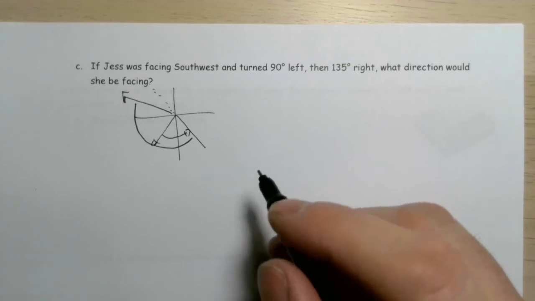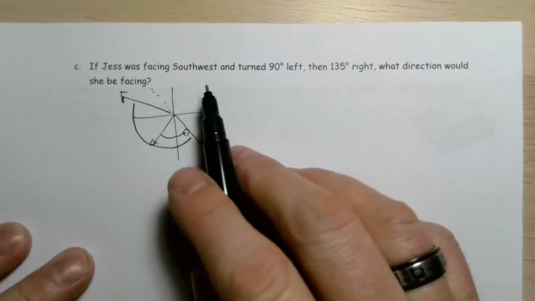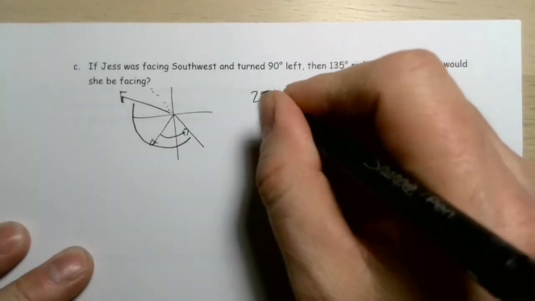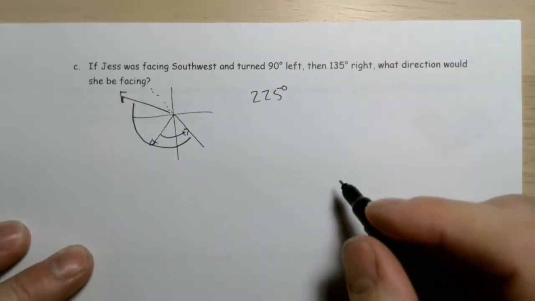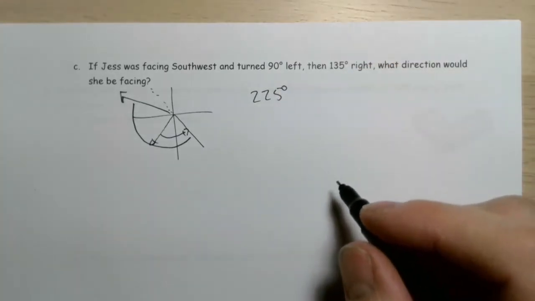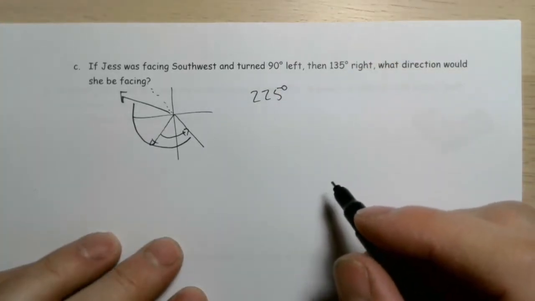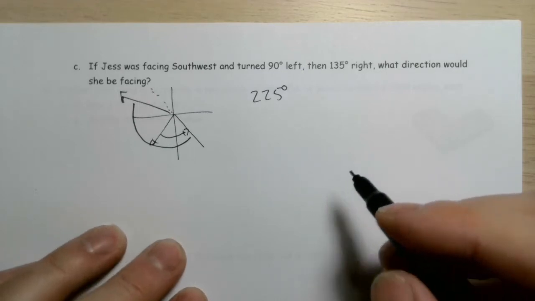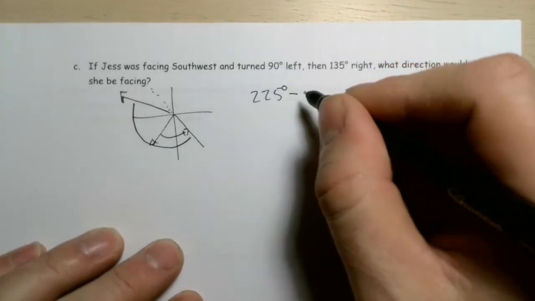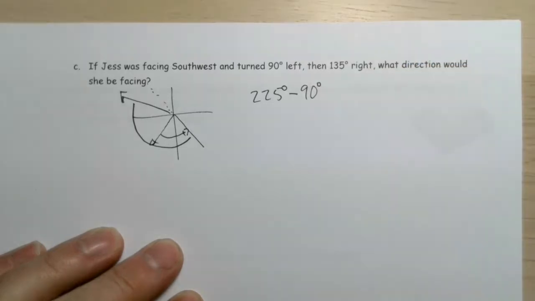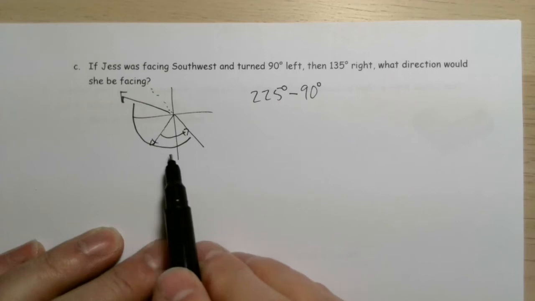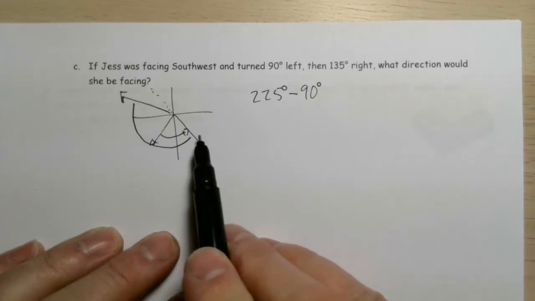So let's just figure out what's going on here. She was facing southwest, so that's 225 degrees. We just saw that. Turning to the left is going to be turning counterclockwise, so what's going to happen here is we're going to subtract that 90 degrees, because turning clockwise is going to add to the angle. Turning counterclockwise, we're going to subtract. So turning 90 degrees pushes us back towards north, the other way that we came here.